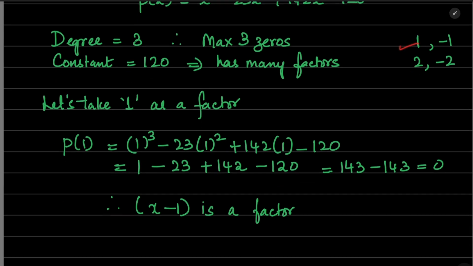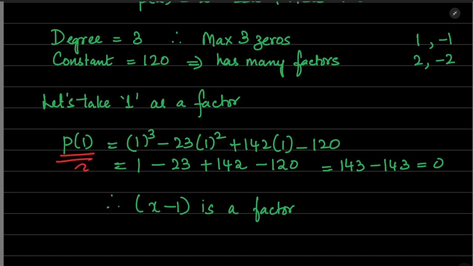So just check if 1 is a factor. When you substitute 1, if the value of p of x at x equal to 1 is 0, therefore x minus 1 is a factor. The minute you get any one of them as a 0 or a factor, you will stop there.